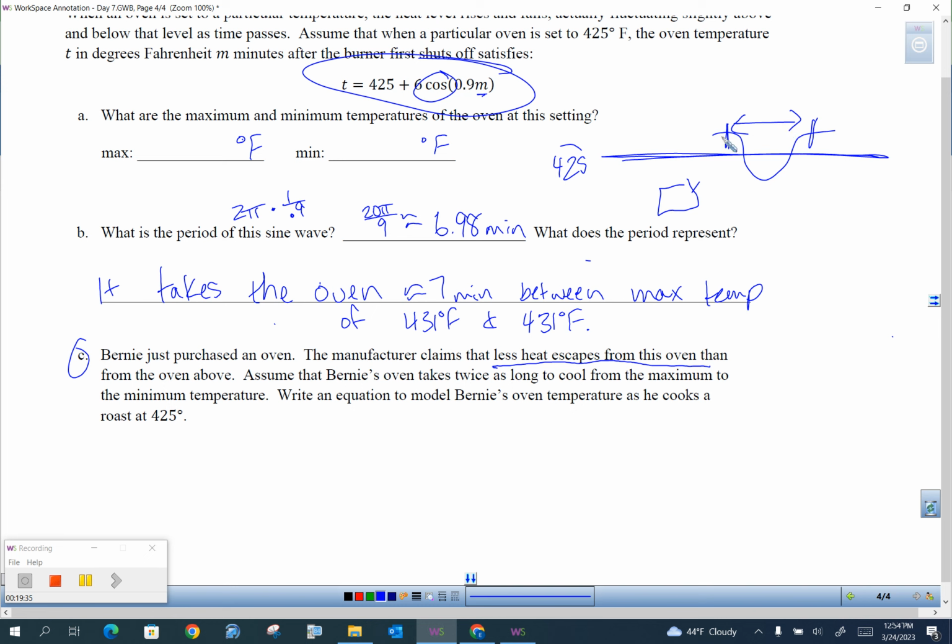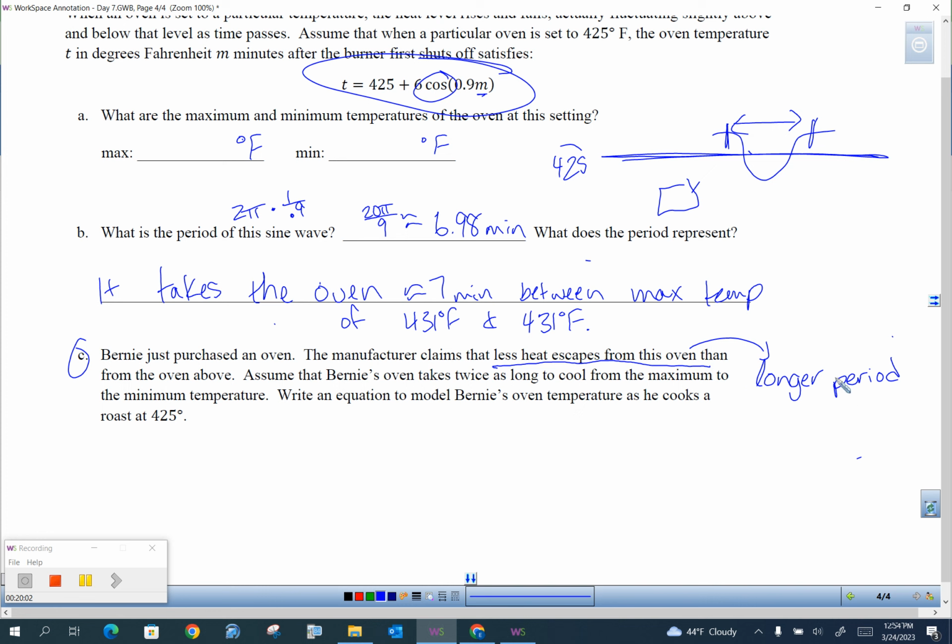It's going to take longer to get from here to here, which means we're going to have a longer period, because it's dropping temperature slower, less heat escaping. Okay? With that in mind, it says specifically the oven takes twice as long to cool from the maximum to the minimum, and that really tells us a longer period.